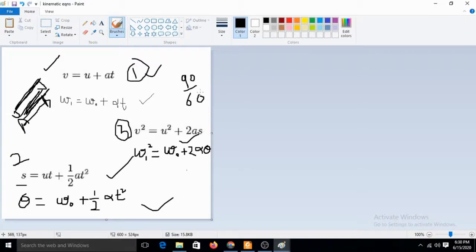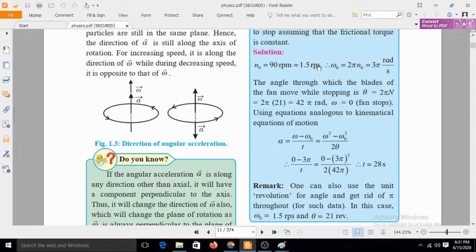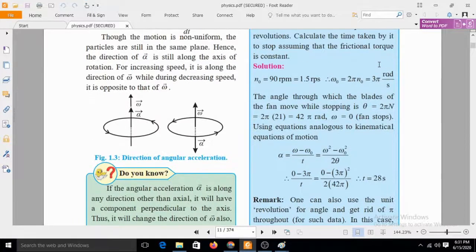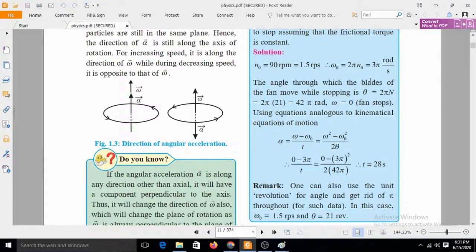So how much does it come? 0 and 0 cancel. 3 2s are 6 and 3 3s are 9, and now 2 1s, and it comes to 1.5. Okay, 1.5 rps. Now the formula you know, omega is equal to 2 pi n, that is 3 pi radian per second. Here 2 pi value, and this is n that we have taken. It will come as 3 pi radian per second.